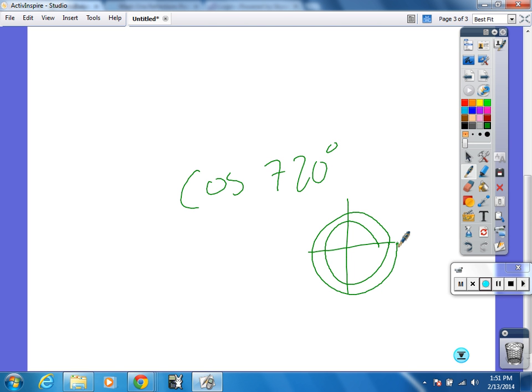Then we look at the coordinate at 0 and 360. What's the coordinate? 1, 0, and cosine is the x value. Remember, alphabetical order. Cosine goes with x, sine goes with y, right? So notice, what is the cosine of 720? 1. Any questions? That is your homework.